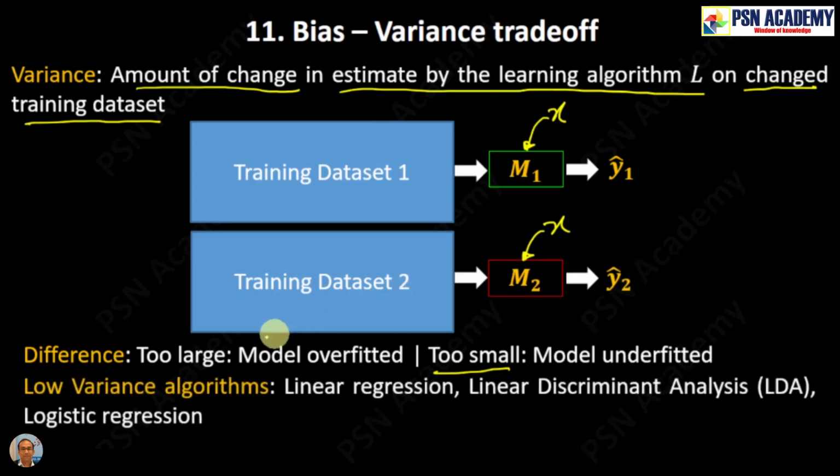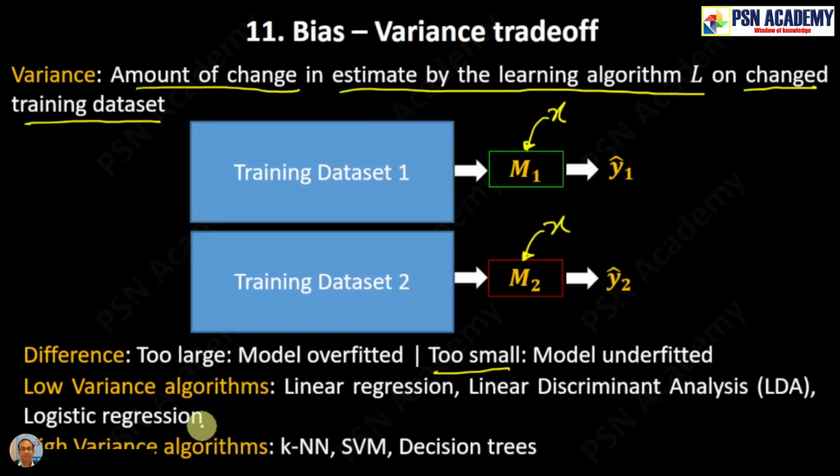We have a small list of low variance algorithms here, that is linear regression, LDA, and logistic regression. In the previous slide, you found these 3 algorithms in the list of high bias algorithms, right? And on the other side, KNN, SVM, and decision trees are in the list of high variance algorithms, but in the previous slide, they were in the list of low bias algorithms.